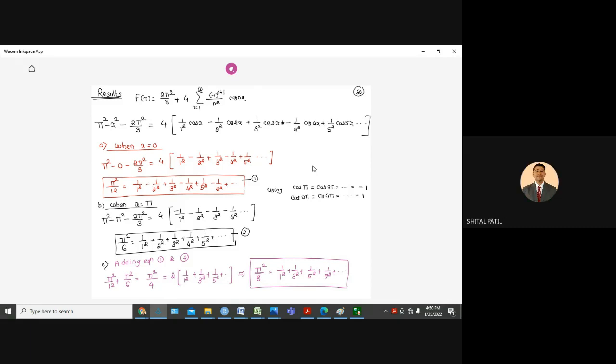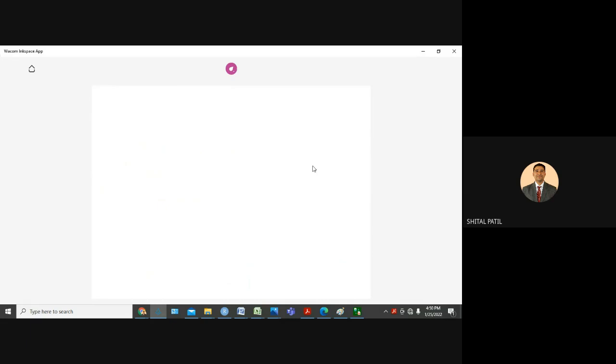Fine. Fourier series expansion of f of x equal to, yes, right.